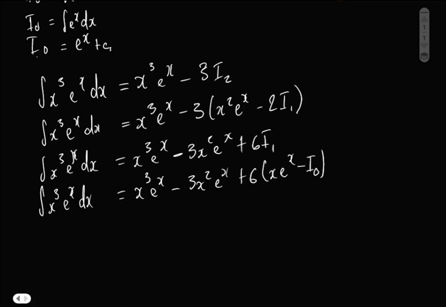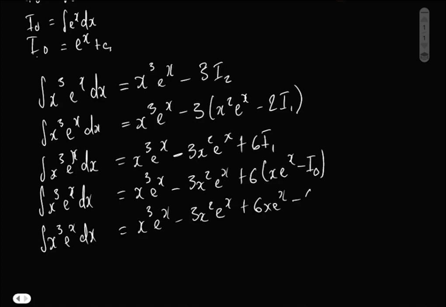Your I0 is just e to the x, but you can start by expanding first, because we said expand before you put another thing. Never replace inside a bracket. So we can say the integral of x cubed e to the x with respect to x is equal to x cubed e to the x minus 3x squared e to the x plus 6x e to the x minus 6I0.